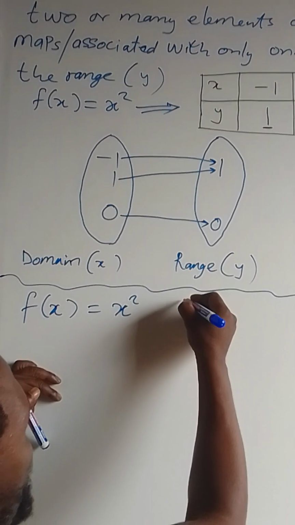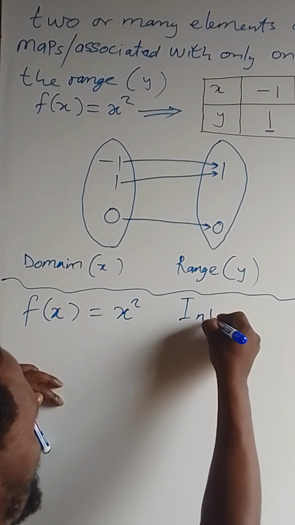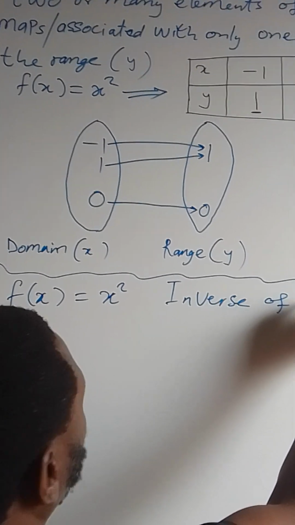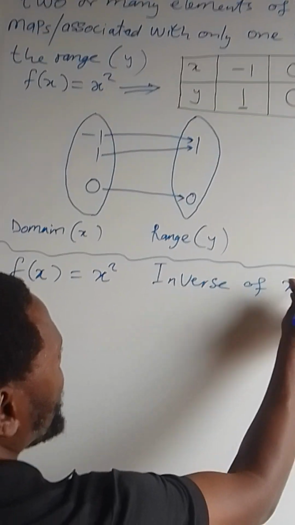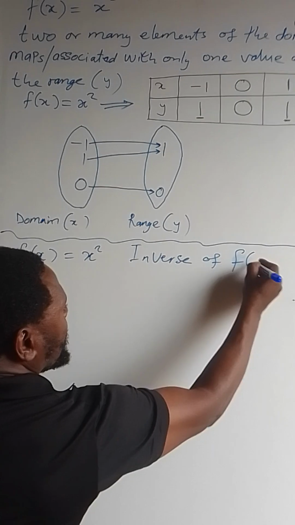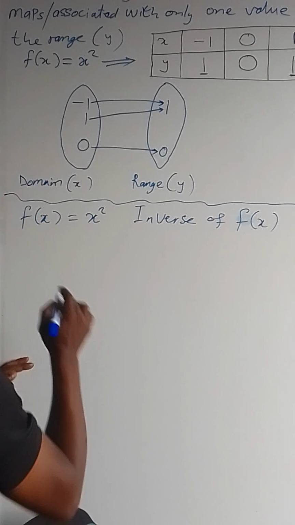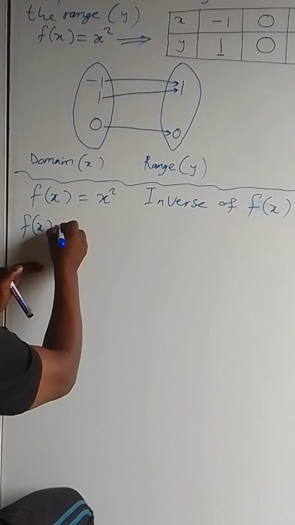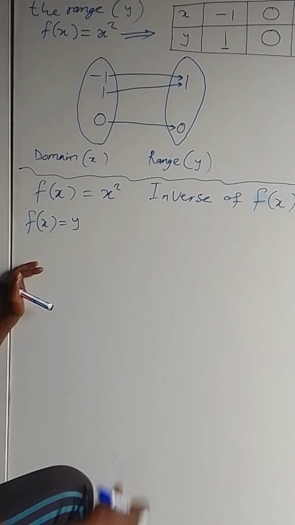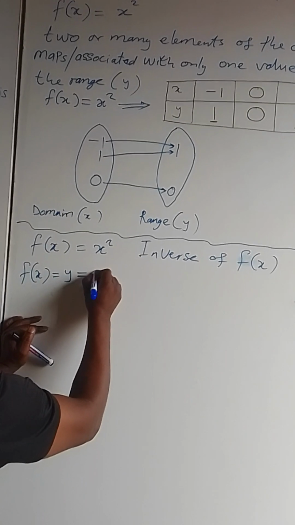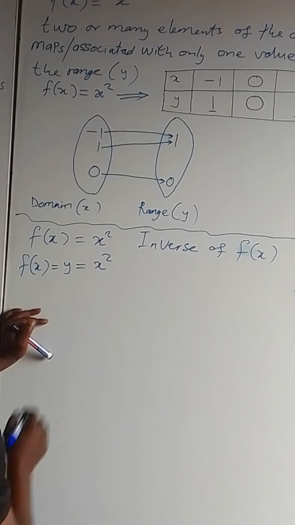Now, if we want to find the inverse of f(x), we are going to say, remember, matrix, f(x), you must always equate it to y. f(x) is y, so y equals x squared.